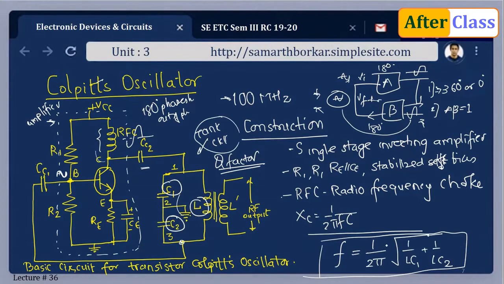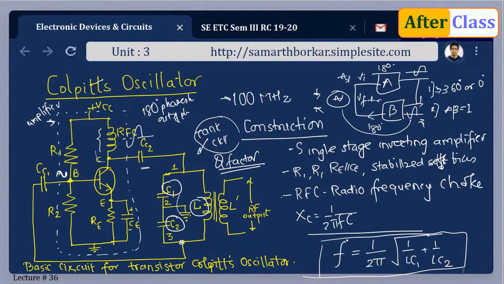Now if you see, the frequency of oscillations is purely a function of C1, C2 and L, which is decided by the circuit components of the tank circuit. This has no role to play as far as the frequency of oscillation is concerned.